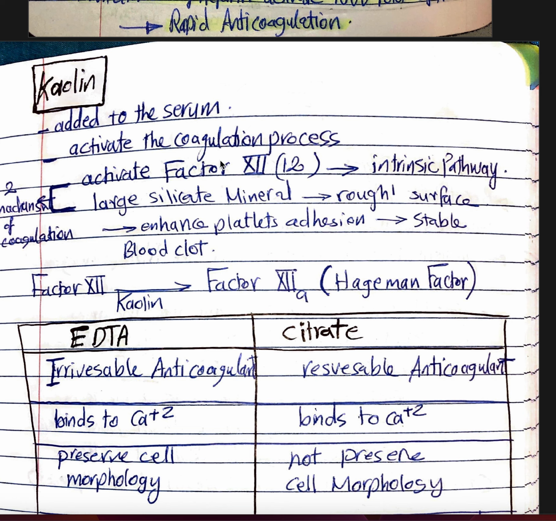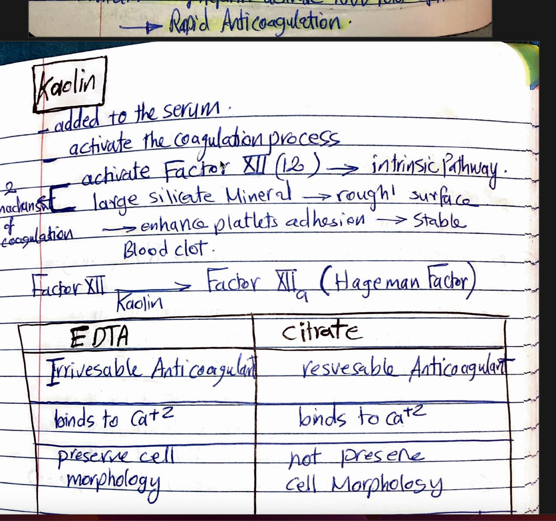Because we just imagine what is happening in nature. Kaolin actually simulates tissue injury. When there is a tissue injury, that leads to the exposure of the extracellular matrix, like DNA, RNA, ribosomes, protein, and other things, most of which contain a negative charge.